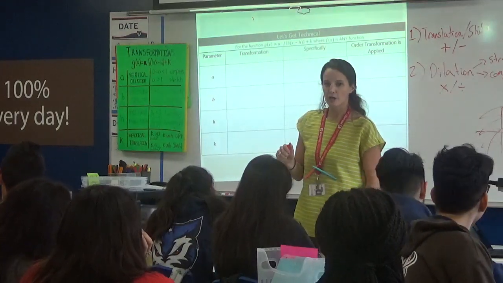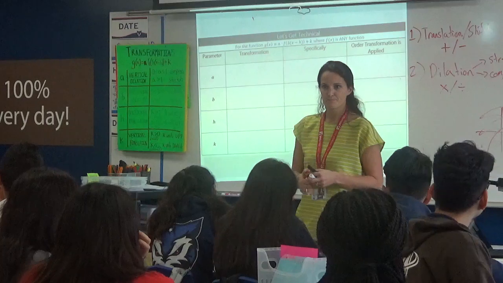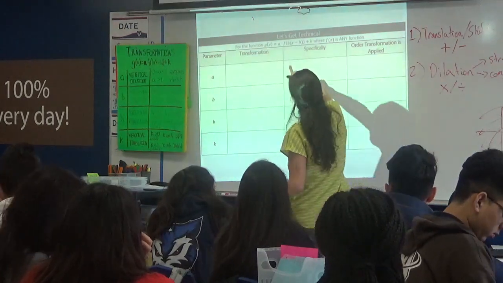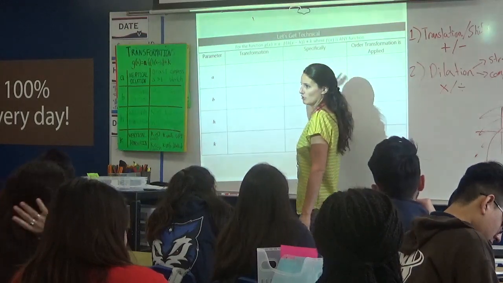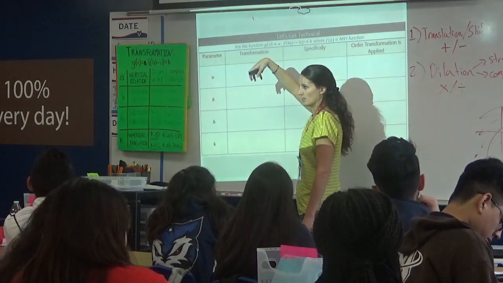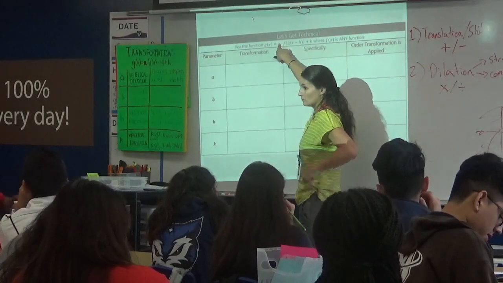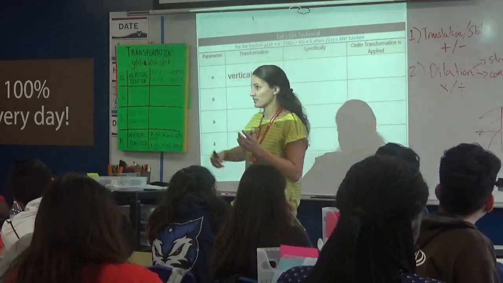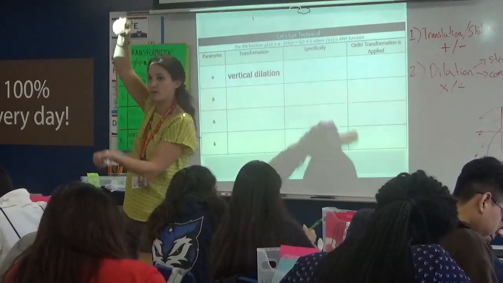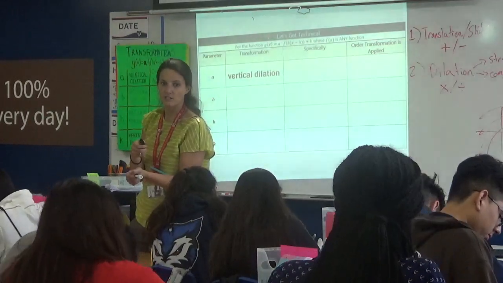So we've got 4 letters that we're going to use to represent those changes. First is A. If you look up here at our function, I'm multiplying times A on the outside of my function. If I multiply times a number on the outside, we just talked about that. That is a vertical dilation. That's going to change it this way, right here. Vertical dilation.